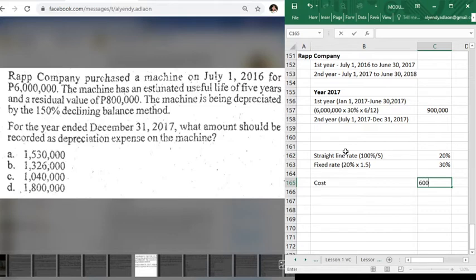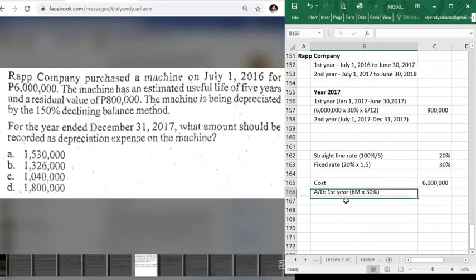So, di ba, the cost of the asset is 6 million. Now, the accumulated depreciation for the first year, di ba, that is 6 million multiplied by 30%. Kaya ako ibutang diri ha, until the first year pa ni siya. 6 million times 30%, that is 1,800,000.